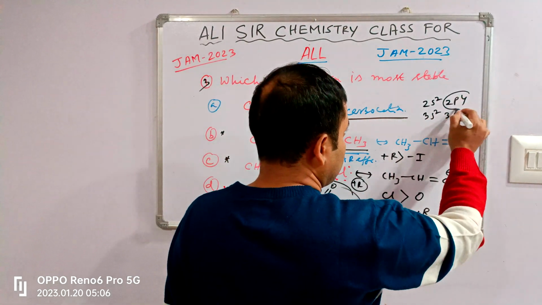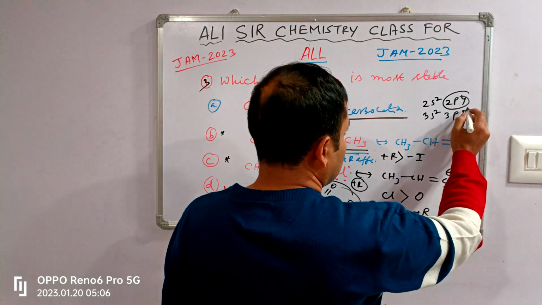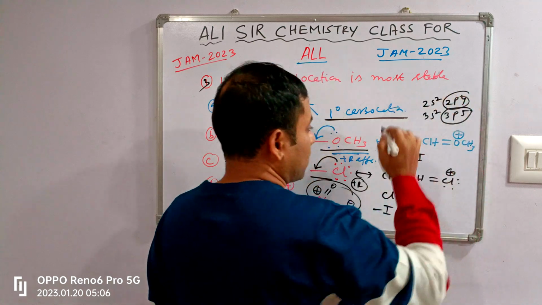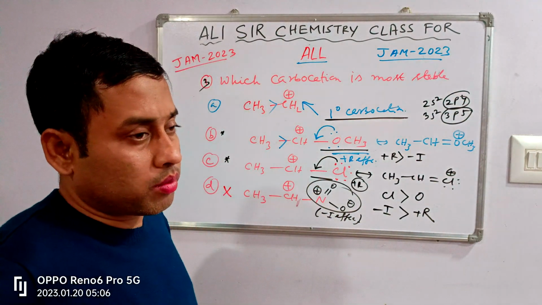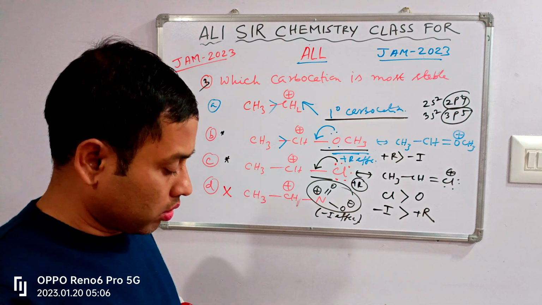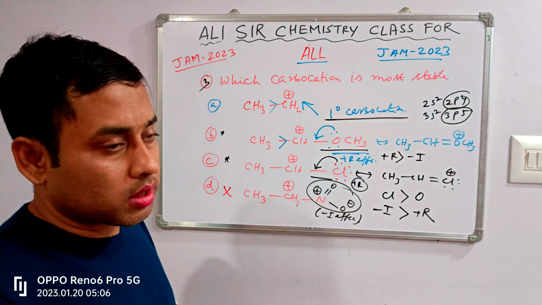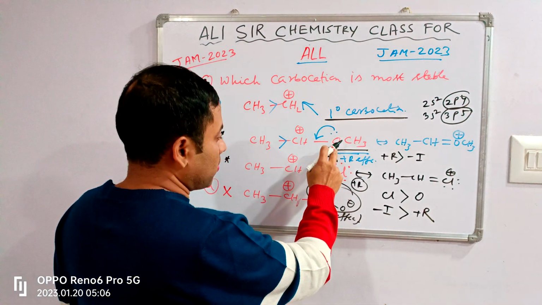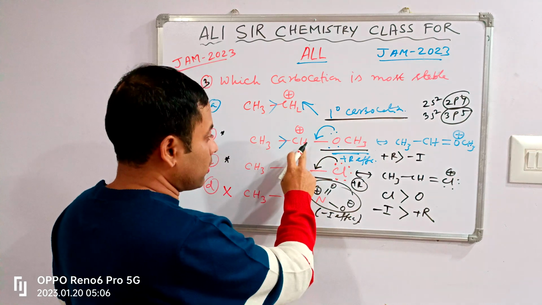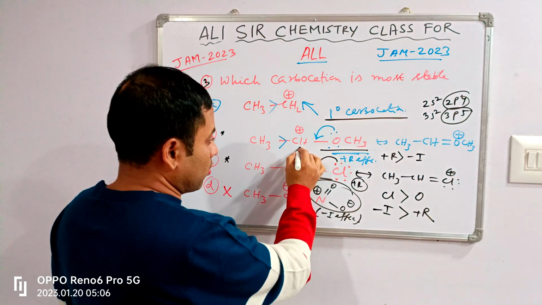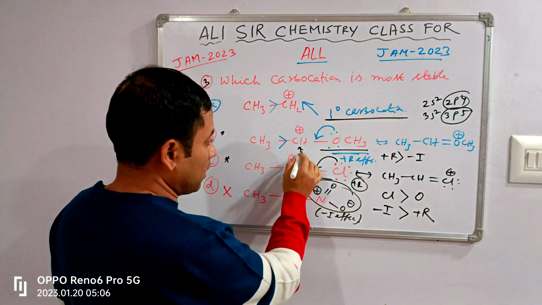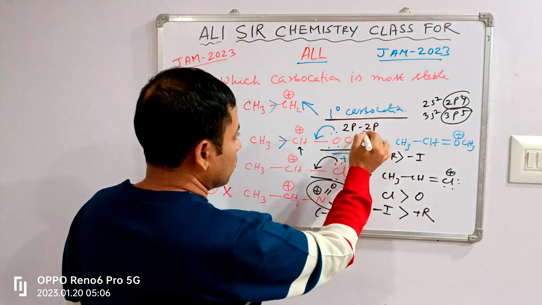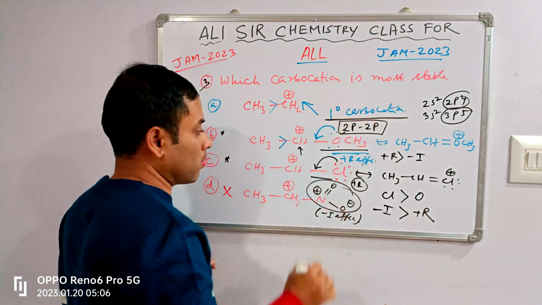So here is 2p, here is 3p. The energy of 2p orbitals is less compared to 3p orbitals. So oxygen overlaps with the unhybridized p orbital of carbon. The matching in this carbocation is between 2p and 2p, which is energetically more favorable.